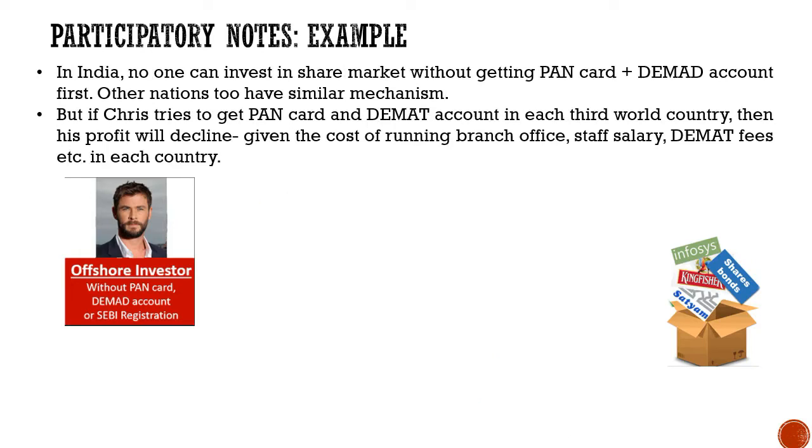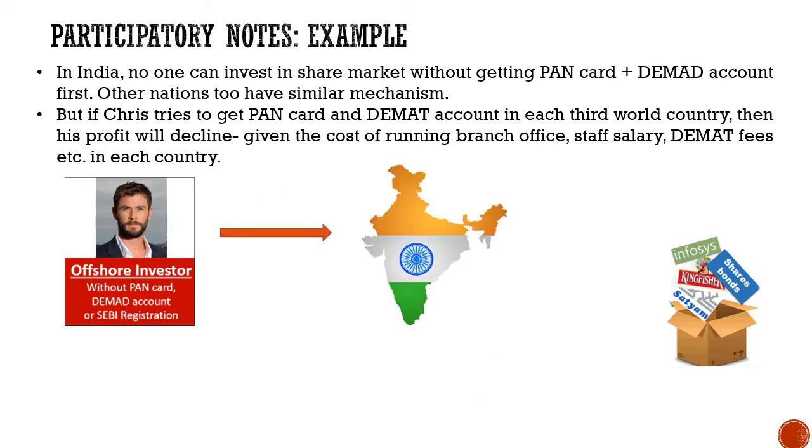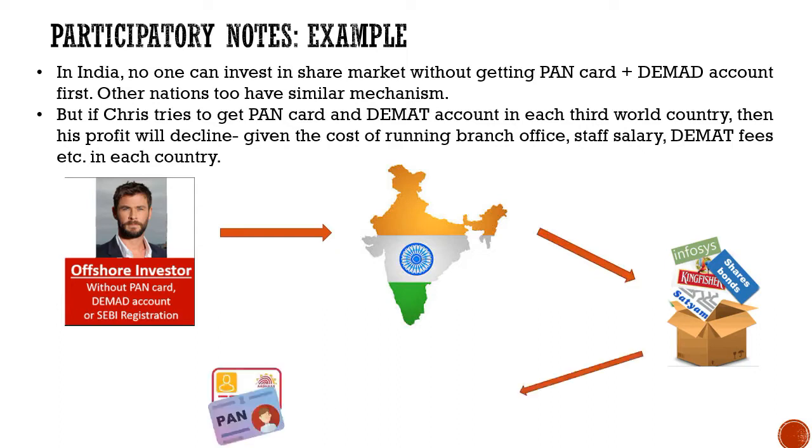Now, everyone knows that in India, no one can invest in the share market without getting a PAN card and demat account. Other nations too have a similar mechanism. But if Chris tries to get a PAN card and demat account in each third world country, then his profit will decline given the cost of running a branch office, staff salary, demat fees, etc. in each country.